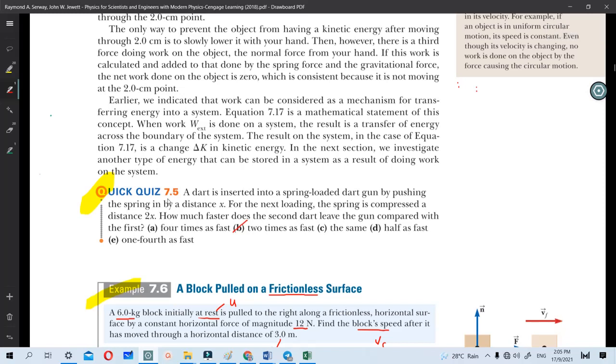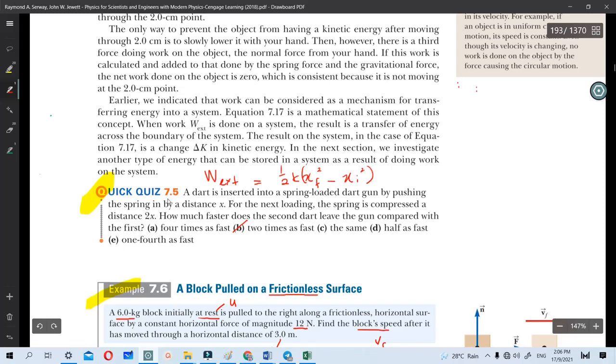In this quick quiz 7.5, we need to use this expression belonging to a spring, where the work external by the force applied to a spring is equivalent to half k x final squared minus, or perhaps we can factorize, x initial squared.